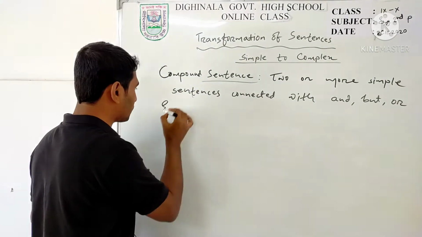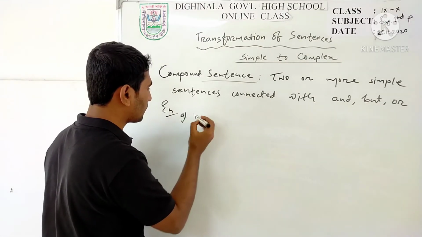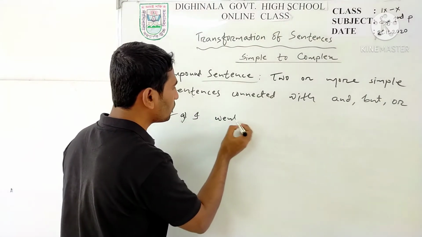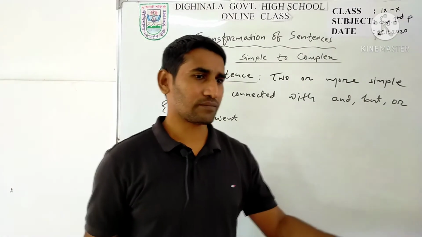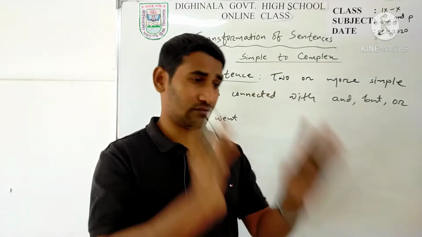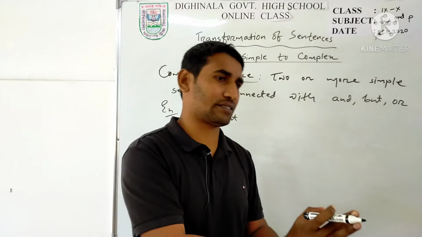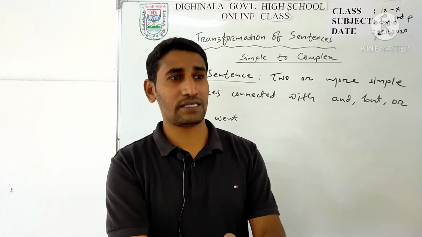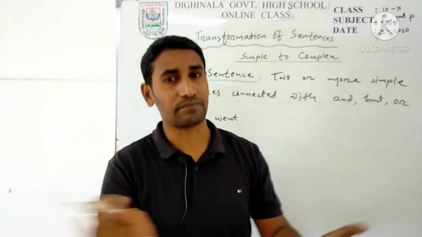Just see the example. Suppose I say I went to market, one sentence, I bought some vegetables, another sentence. If we want to make it compound, we have to add and between these two sentences by omitting the subject if the subject is the same.